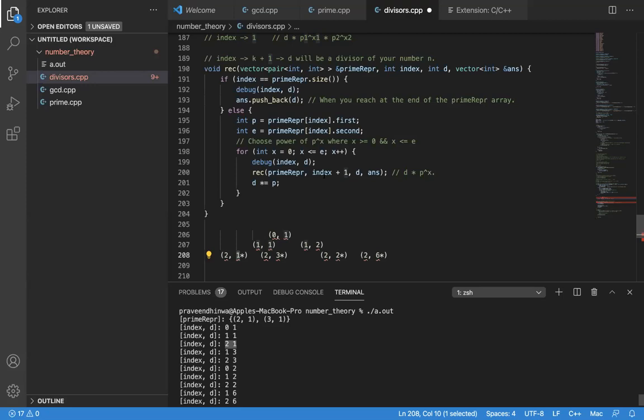This index, at this point, has become index plus 1 basically, because the one that you will be passing in the function would be index plus 1.